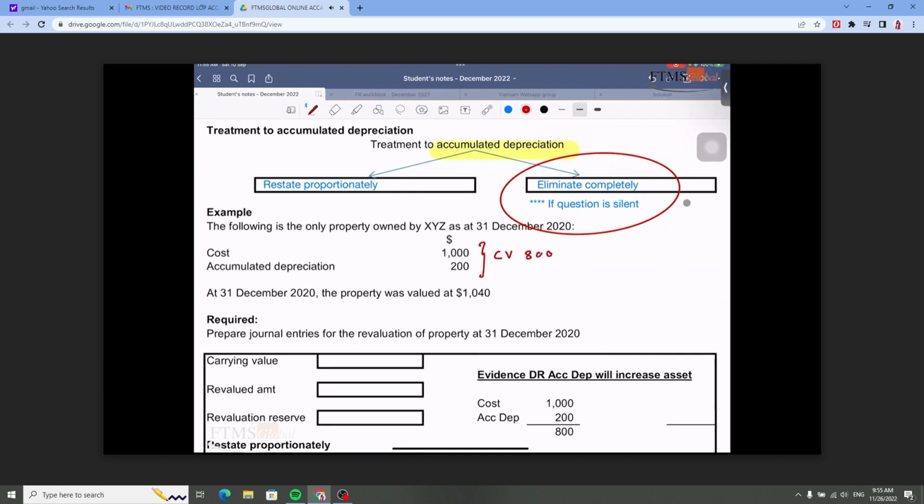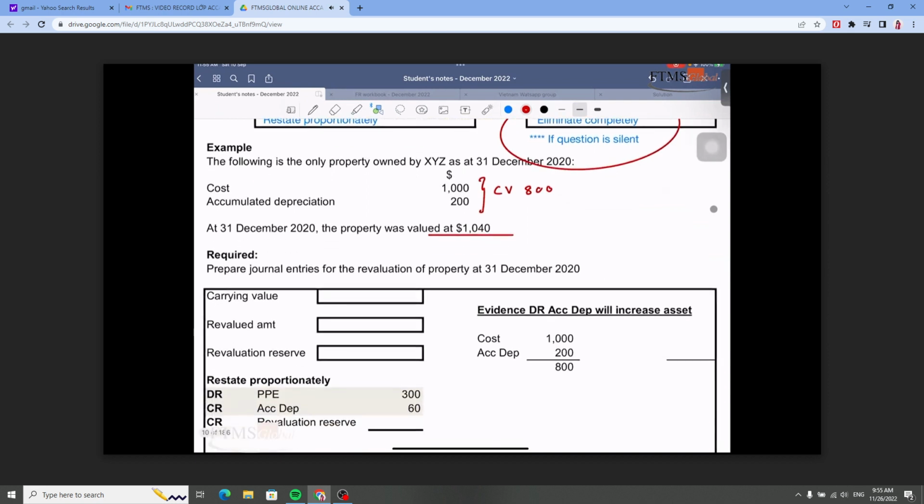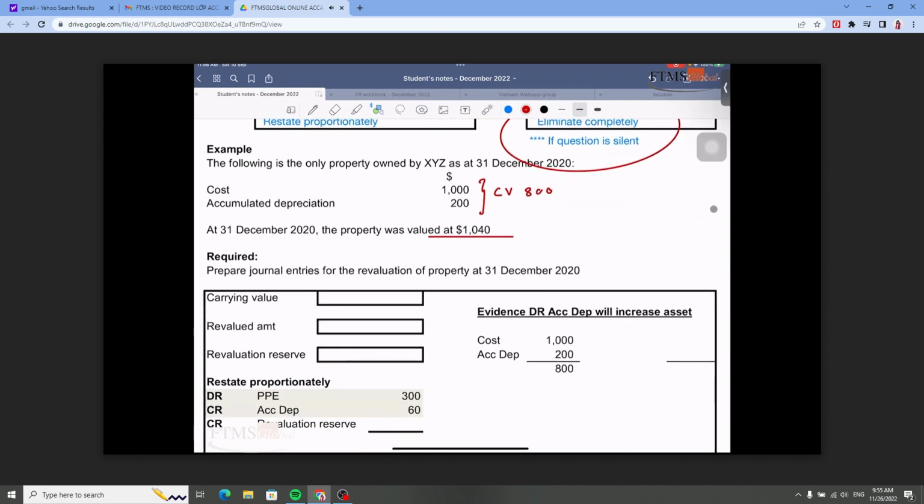Then the property was valued at 1040. This is the fair value. Firstly, you need to determine whether this is a revaluation gain or a revaluation loss. We have the numbers there. Carrying value is 800. Revalued amount is 1040.